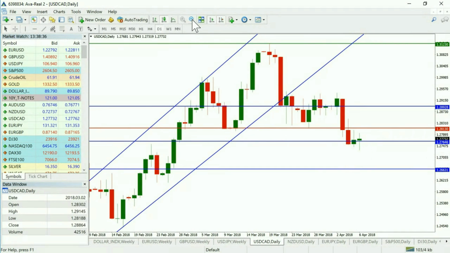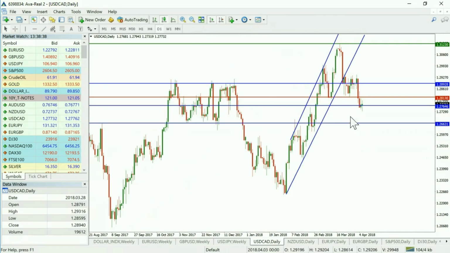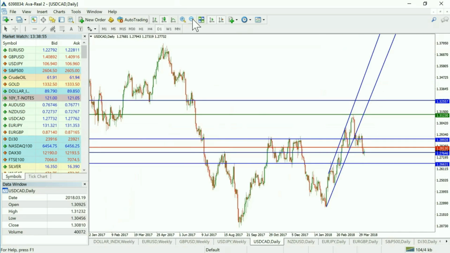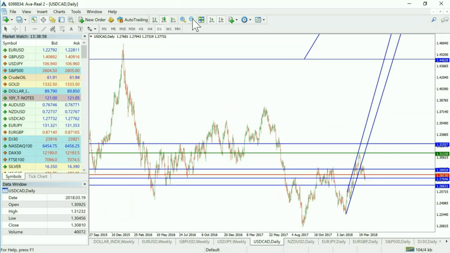We backed off from it because we're actually potentially looking to take this market to the upside if we get the correct conditions. So knowing the market conditions is the first thing, then having a directional bias. And in actual fact, we're looking for opportunities to potentially buy this market to the upside. But there is a series of caveats to that.